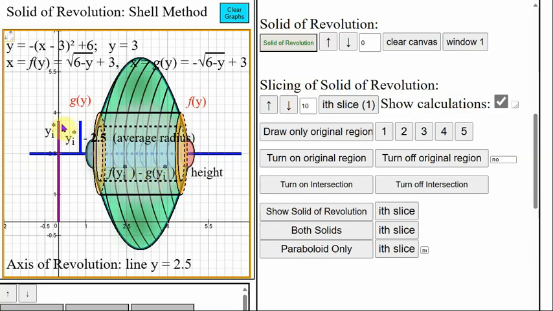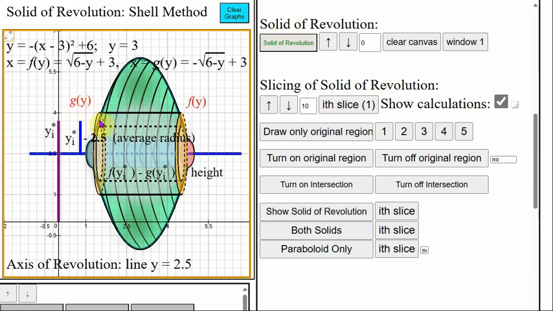Here is y sub i star. f of y sub i star is the distance from the y-axis to this point on the graph of f of y, and g of y sub i star is the distance from the y-axis to this point, which is on the graph of g of y.